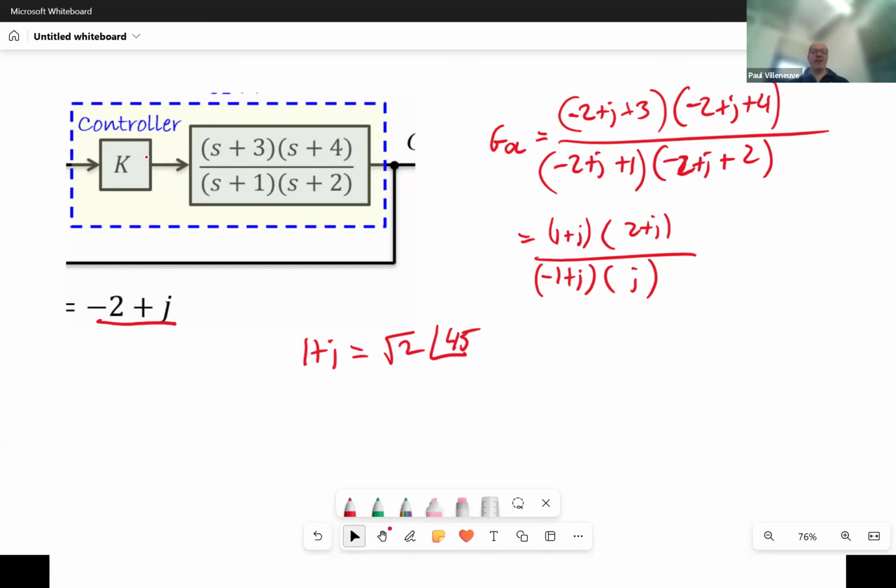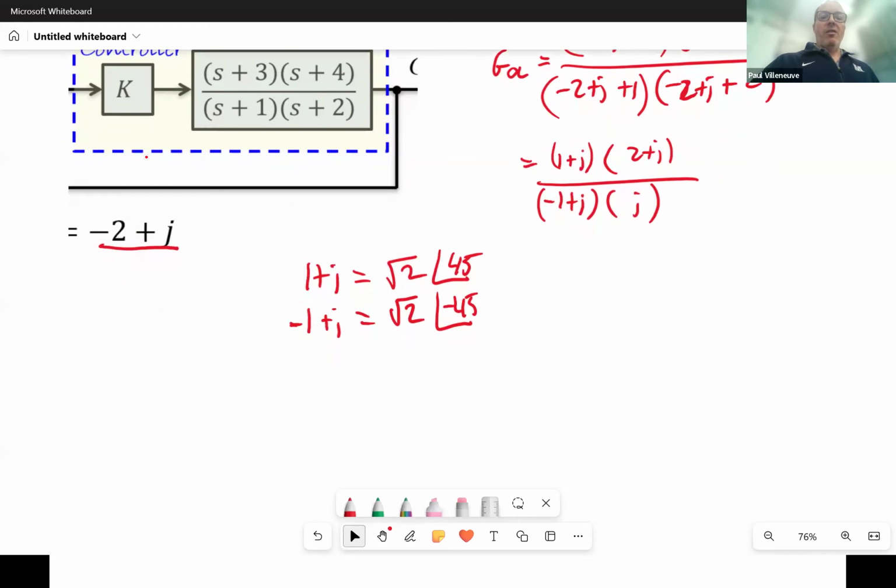They're both the same, it's 45 degrees. And we already know then, -1 plus j, still going to be the square root of 2, but now the angle is -45 degrees. The only one we don't know is 2 plus j, but that's going to be equal to the square root of 3. And the angle here is the inverse tangent of 1/2, right?